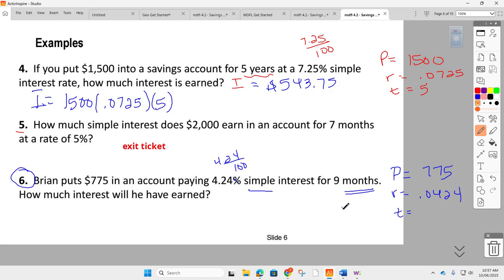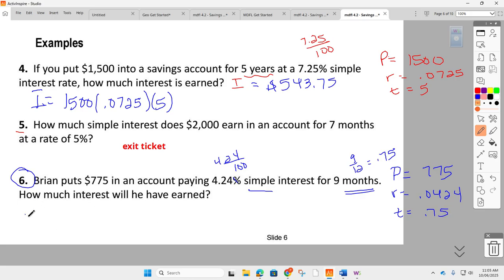Zariah, what do you do? Well, how many months are there in a year? 12. So we take the 9 and divide by 12. So it's 0.75 parts of a year, right? 75% of a year, which is less than a year, 9 months, so our time is 0.75 parts of a year.